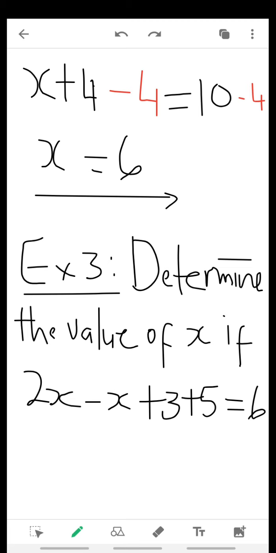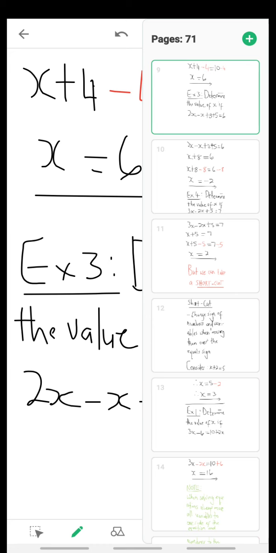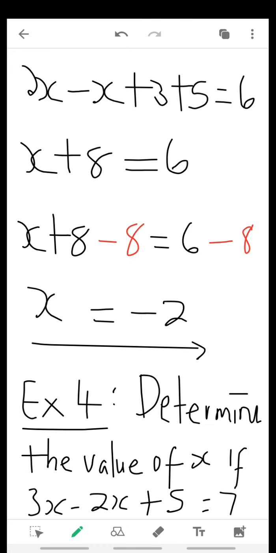Now example 3, determine the value of x if we have this equation: 2x minus x plus 3 plus 5 equals 6. What we notice is we can first work out this: 2x minus x leaves us with an x, and then we add 3 and 5 to get 8.